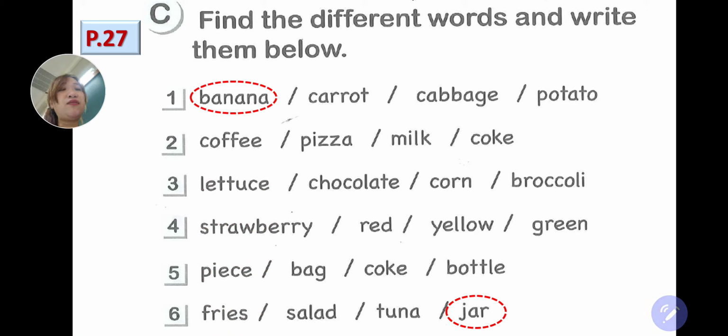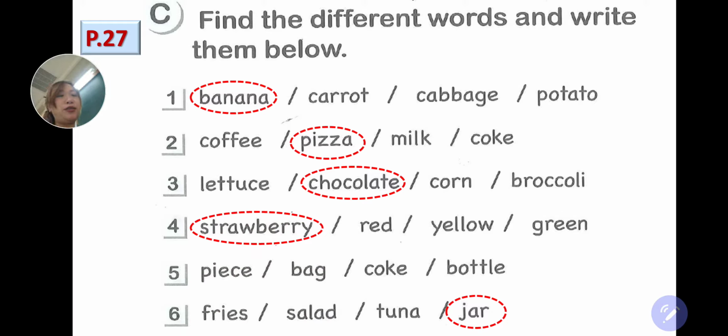Okay, find a different word and write name below. 我们看一下为什么要圈这个呢？Number 1, 我为什么要圈 banana？因为 carrot, cabbage, potato, they are vegetables.